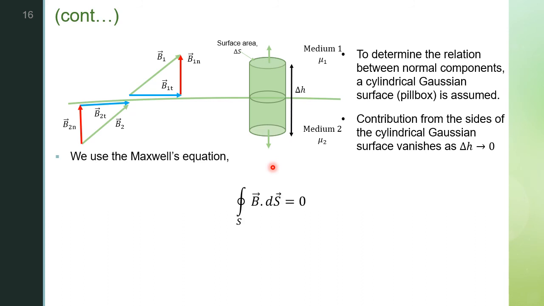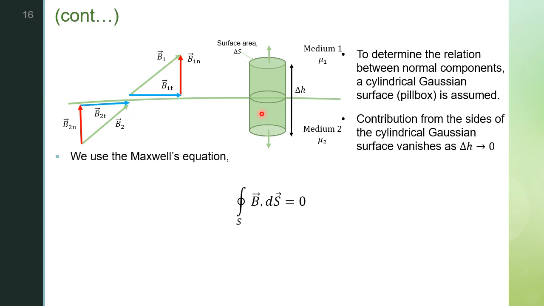Now, when you use Maxwell's equation, that is the closed integral over S of B dot dS equal to 0, that is the Gauss law for magnetostatics. This closed surface is made up of the top surface, bottom surface and the curved surface. Through the curved surface, we can neglect the field component.